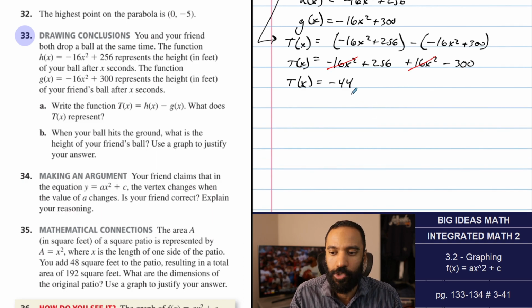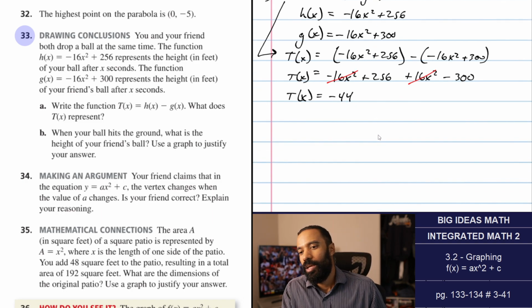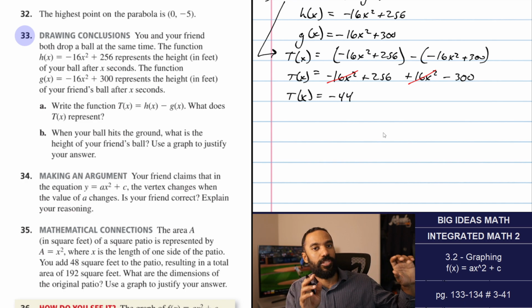What does t of x represent in this case? It's a constant. No matter what the time is, there's this -44.